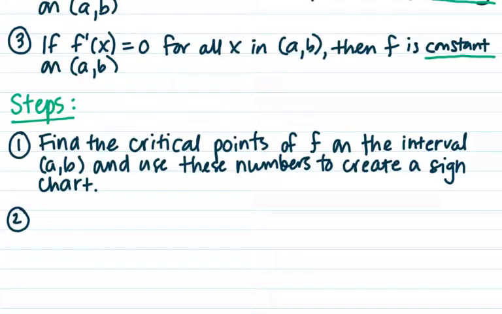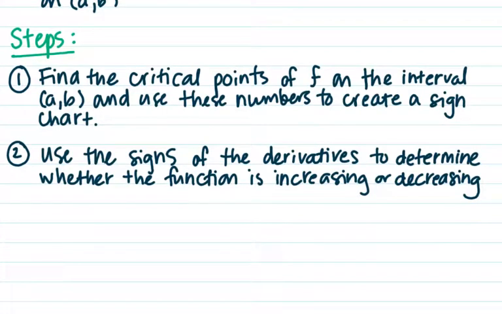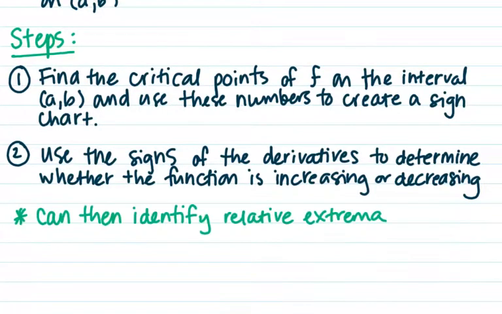After you do that, okay, so after step 1, we're going to use the signs of the derivatives in between these critical points to determine whether the derivative is positive and thus the function is increasing, or if the derivative values would be negative and thus the function is decreasing. And a couple clarifications.